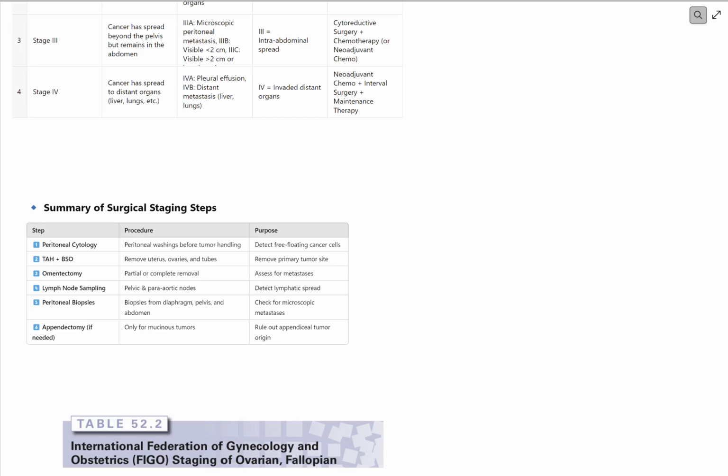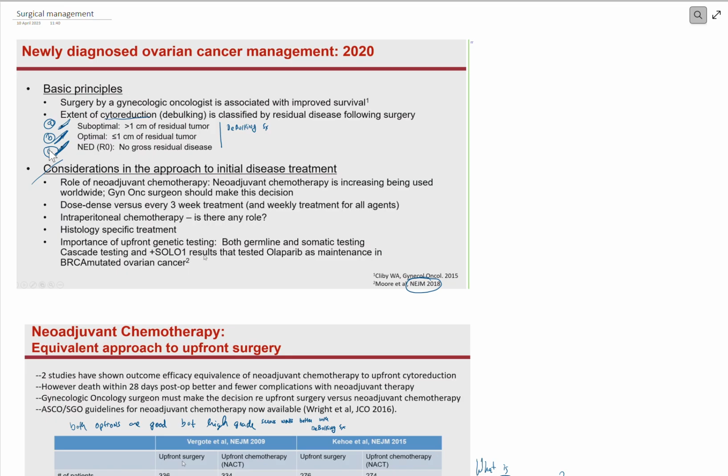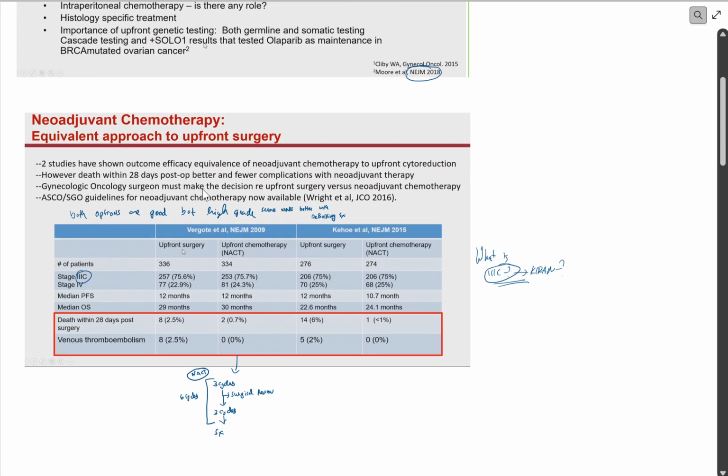Now, the most important thing in ovarian cancer is the surgical management. If after cytoreductive surgery you have greater than 1 centimeter of residual tumor, it is suboptimal cytoreduction. If you have less than 1 centimeter, you have optimal cytoreduction, and you have NED or R0 total gross resection.